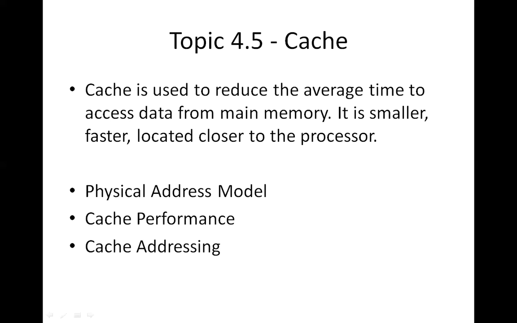We will be studying the physical address model for the cache. The cache performance means the parameters that define the performance of the cache memory, and the cache addressing means how we are addressing the cache memory in a computer system.